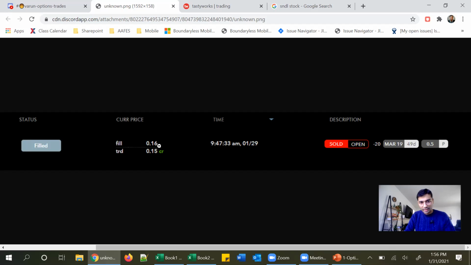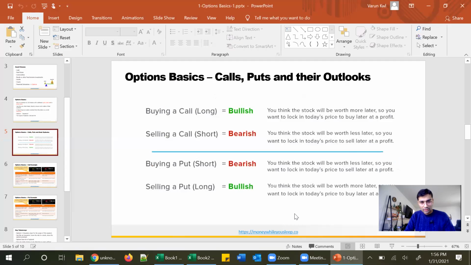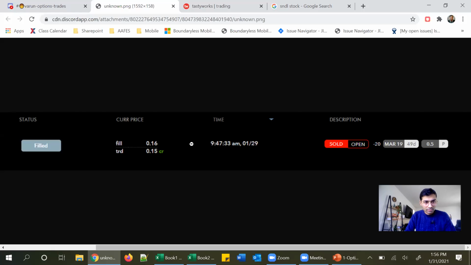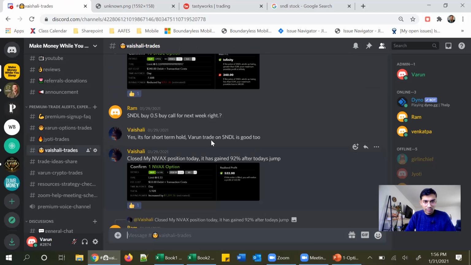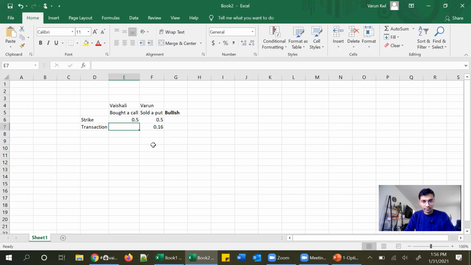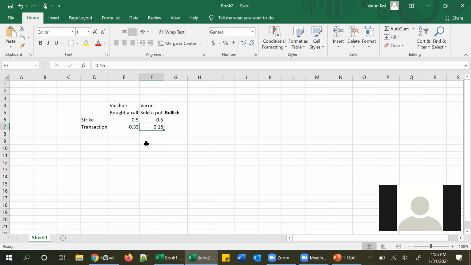This is a credit transaction, so I have made plus 0.16. And Vaishali has a debit transaction of 0.33, minus 0.33. This is minus, this is plus. This is a debit transaction and this is a credit transaction.